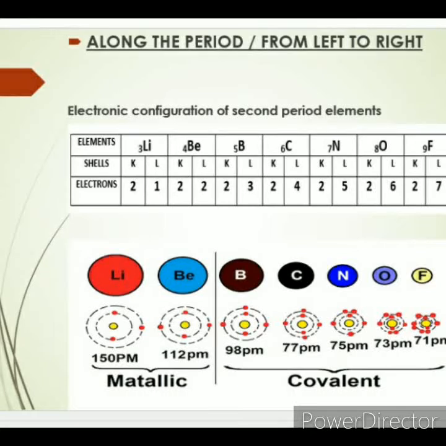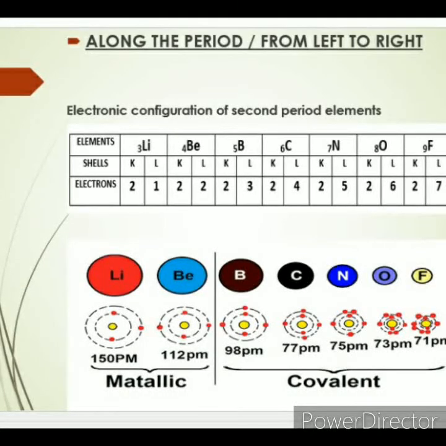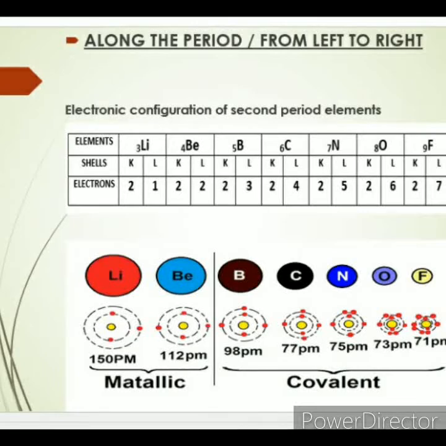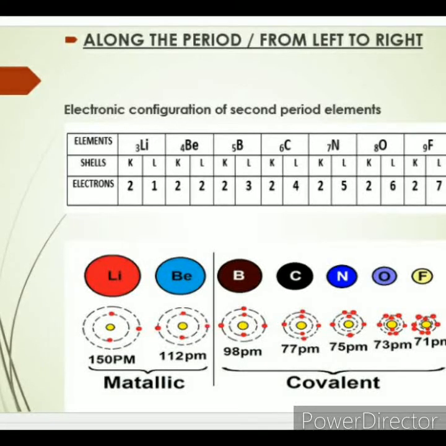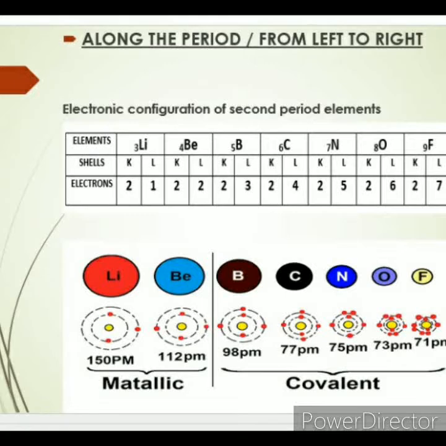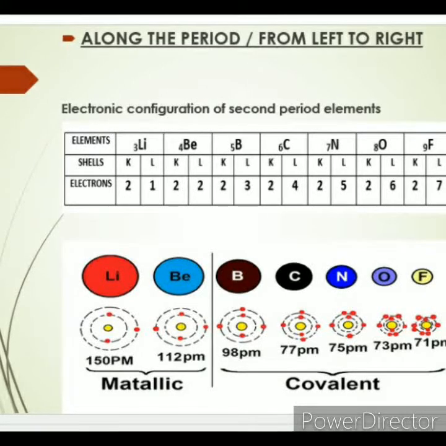But at the same time, when you move from left to right, the number of protons is increasing, but the number of shells is the same. So these protons can attract the outermost shell, and as the number of protons increases, the nuclear charge increases, so the attractive power will be increasing.